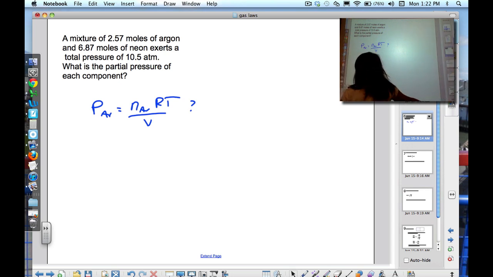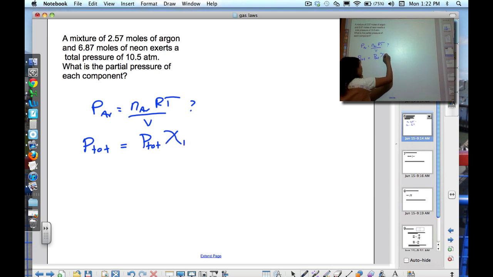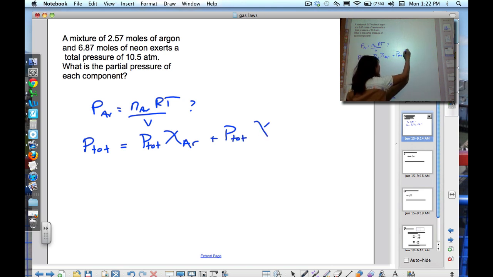So in this case, the total pressure is equal to the total pressure of argon plus the neon.